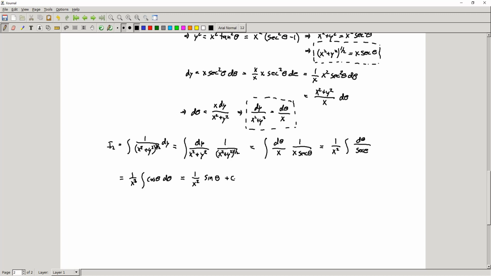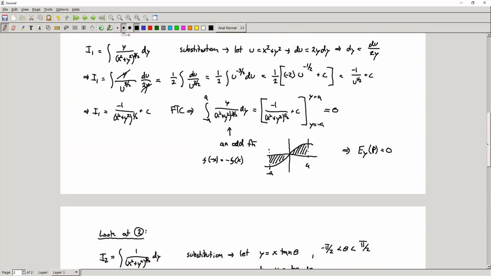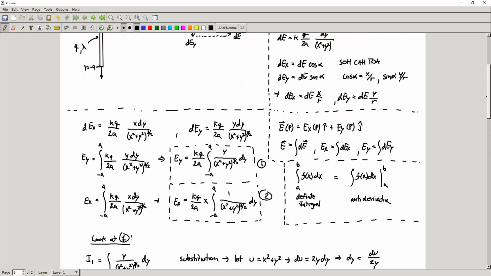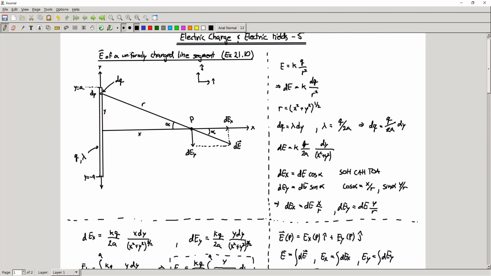And this is good, but we'd really like to be able to write this in terms of our x's, y's, and r's, which are the square root of x squared plus y squared, right? Because we're talking about the hypotenuse of this triangle here.